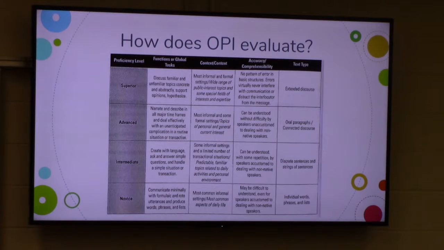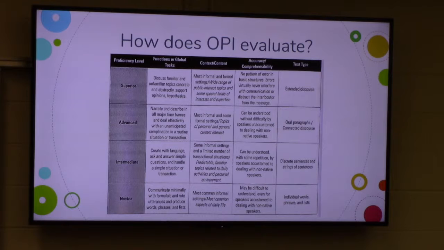The OPI looks at a learner's or participant's language samples. They look at text type and accuracy, comprehensibility, content and context, and functions or global tasks, and how a speaker can fulfill these criteria.